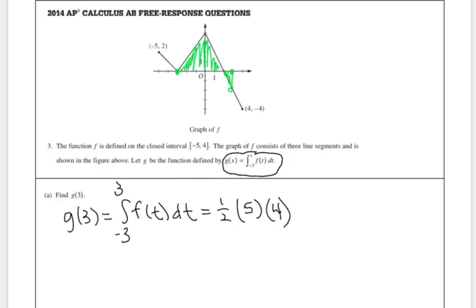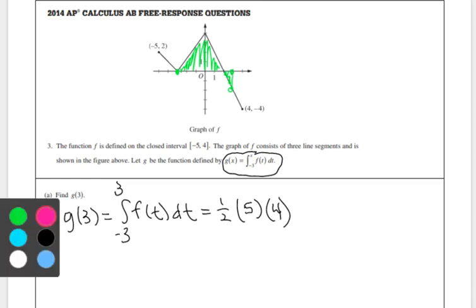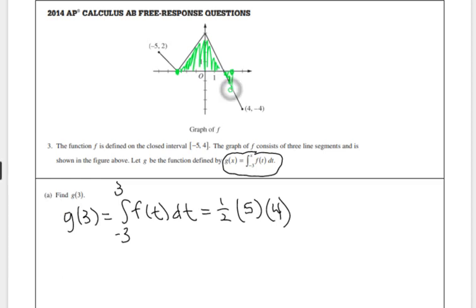Then we need to look at the triangle underneath the x-axis, which means we need to figure out what this point is. We know the x value is 3, but we need to find the y value. This point is (2, 0), and this one is (4, -4). We can use slope to think about it.